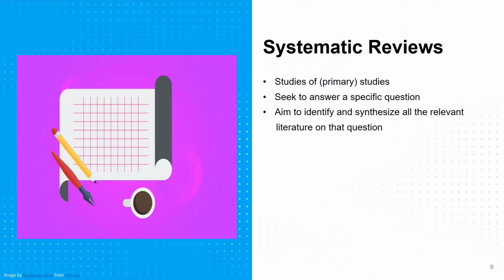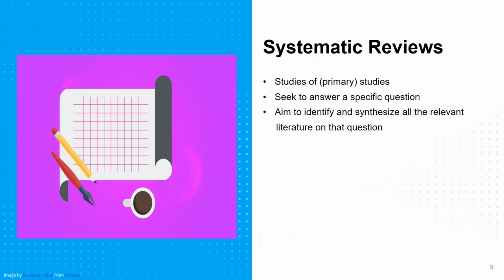So unlike a literature review, which can be a little bit selective in the end result of what articles or research material is synthesized, you are trying to get everything in a systematic review that there possibly could be.